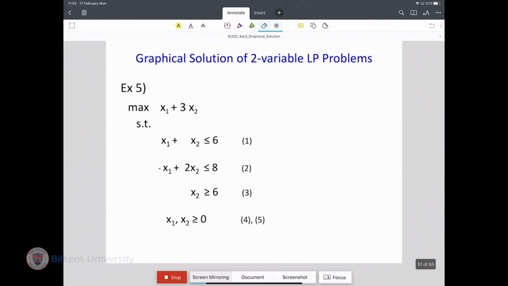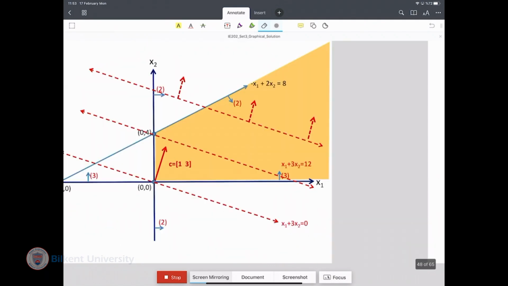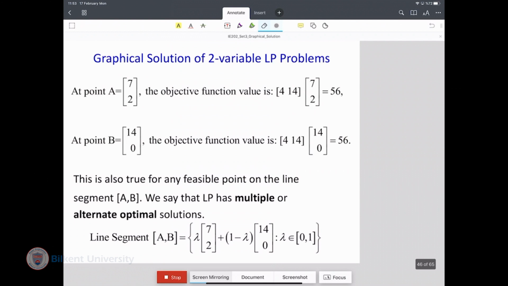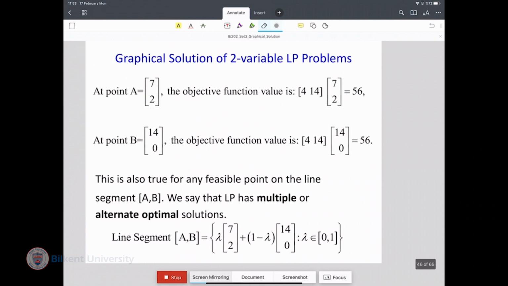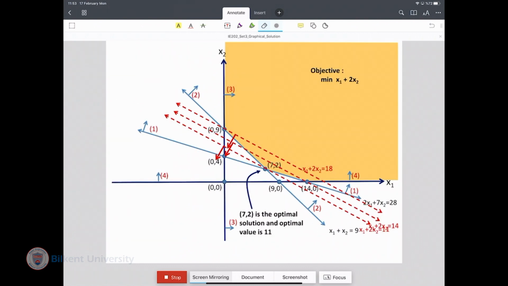How about this? What is the last case? Remember, every LP falls into one of the four categories. One, this. What was this case called? What is the situation?